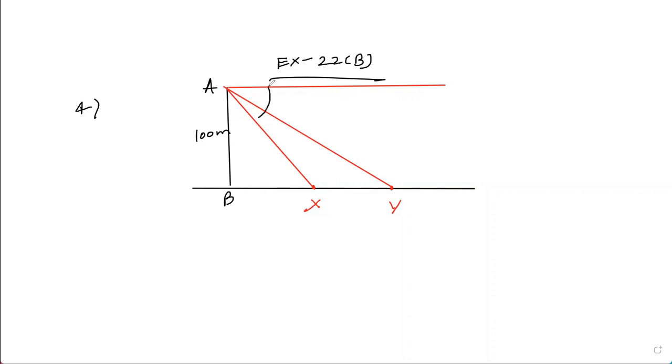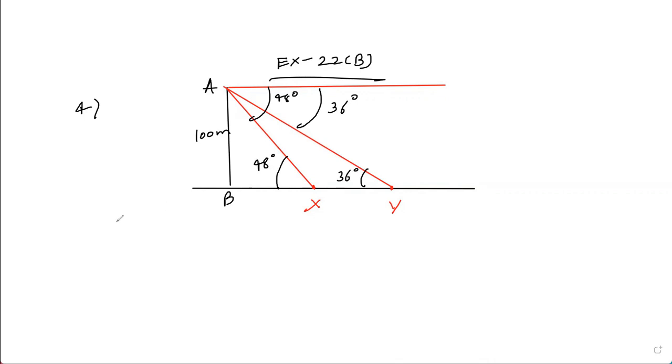So obviously this one is 48 and this one is 36. So according to the alternate angle concept, this is 48 and this is 36 degree. So we need to find the distance between the two ships, right?